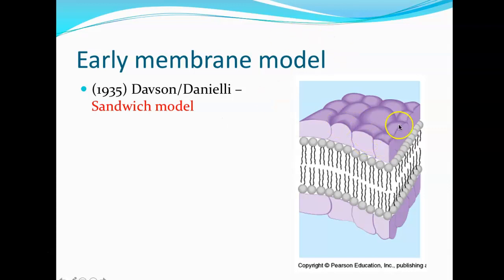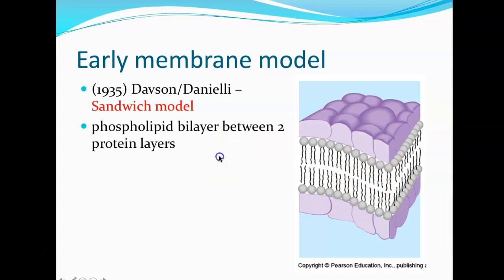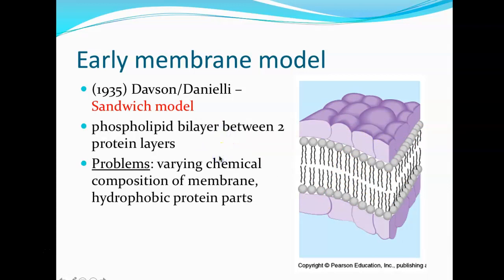If you look at the picture to the right, the purple would be like the bread, so protein on the outside, and then your peanut butter in the middle would be your phospholipids. That's why it's called a sandwich model. So they thought the proteins were on the outside and the phospholipids were on the inside: a phospholipid bilayer in between two protein layers.